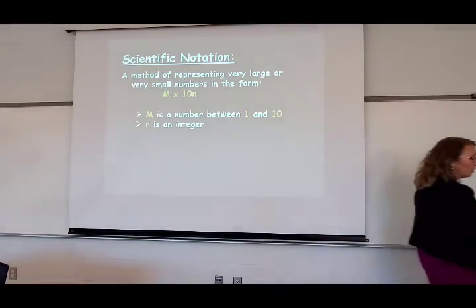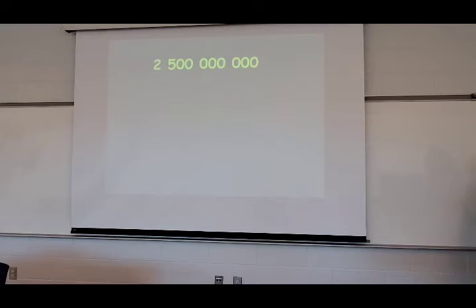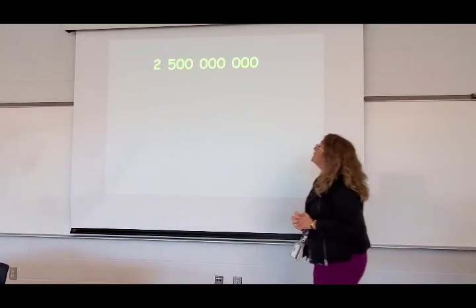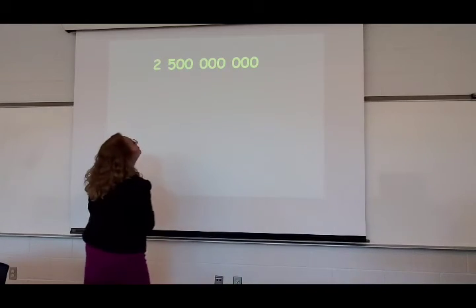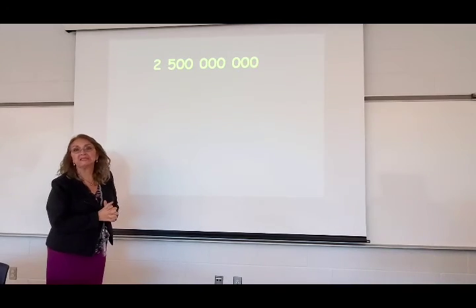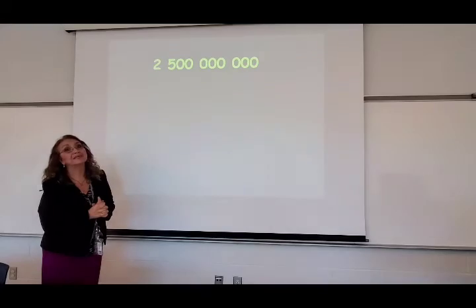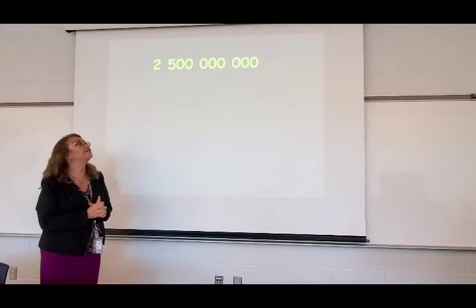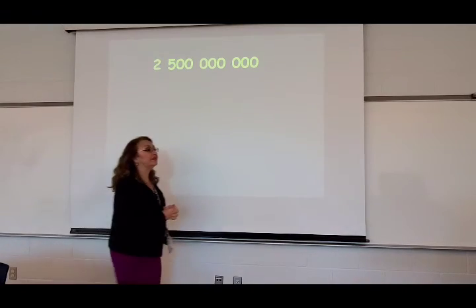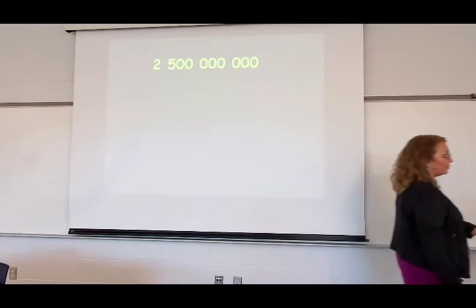So you have an example of, let's see, 2.5 billion, I think is what this is. So you're looking at, first of all, sig figs. This is why we looked at sig figs first. How many sig figs? 2. We have no decimal.